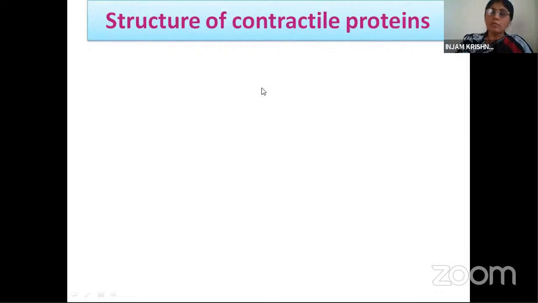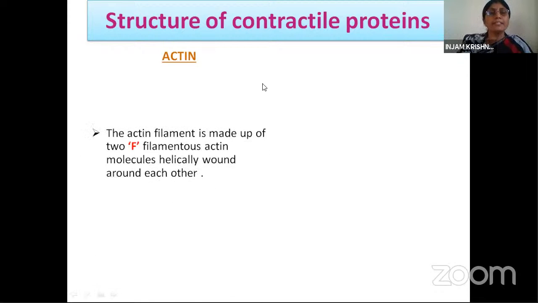Contractile means they have the capacity to contract, to come close. Contractile proteins are present in the myofibril. There are two types. One is actin. Due to the structure and function of actin and myosin, muscle contraction takes place.